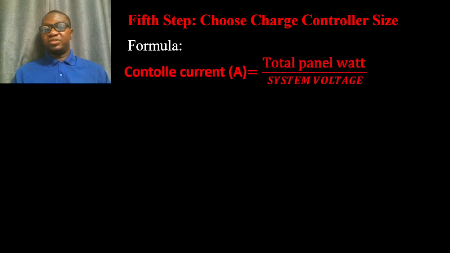And the fifth thing that you do is choose the charge controller size. That is very, very simple also. All that you need to know is that charge controller amps is the total panel watt divided by the system voltage.